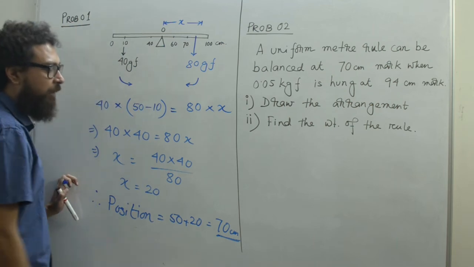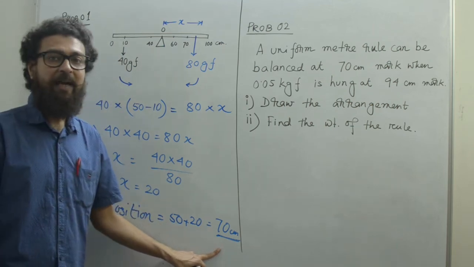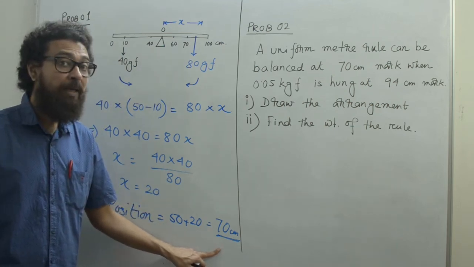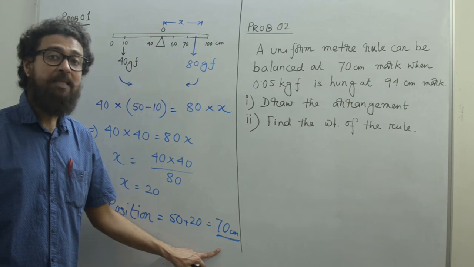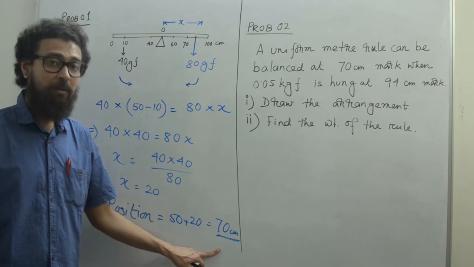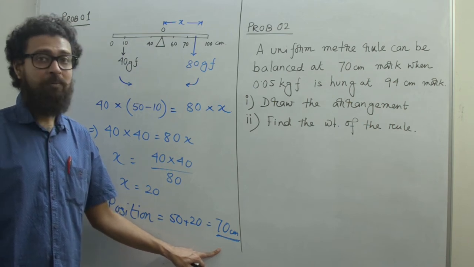So what will you write as the final answer? You will write that 80 gram force should be placed at the 70 centimeter mark in order to balance the rule.